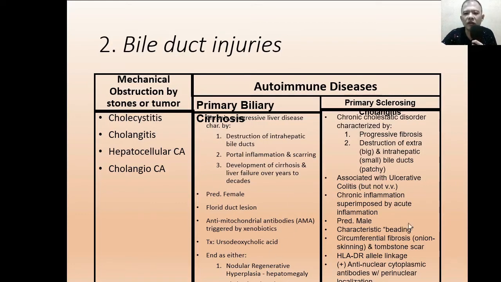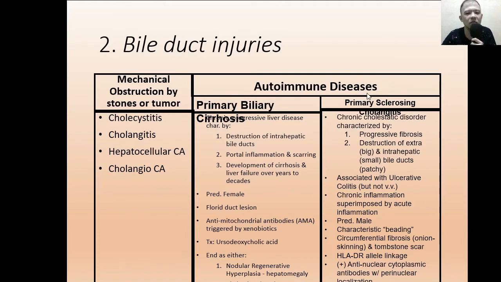Primary sclerosing cholangitis is very common among males. If you observe the name, for biliary cirrhosis there is a bias towards liver cirrhosis. For primary sclerosing cholangitis, there is a bias towards inflammation of the bile ducts.